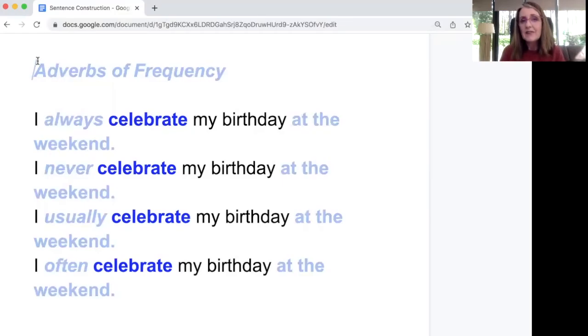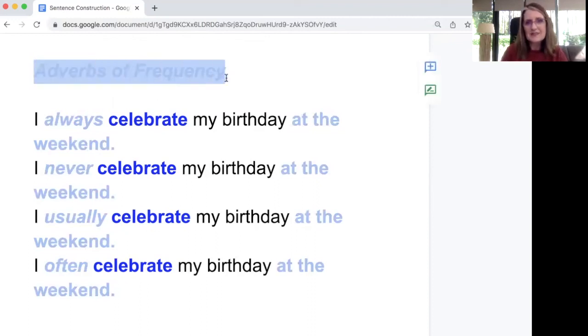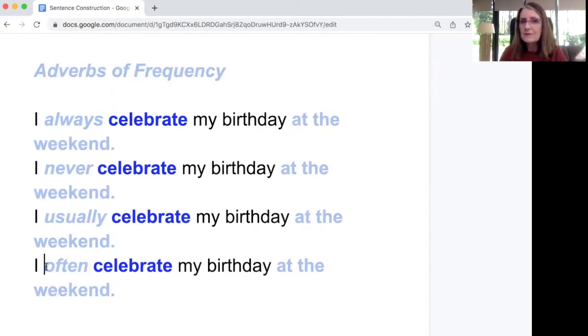Now we've looked at the subject, verb, direct object, and the where, how, when blocks. The final thing that we need to consider is adverbs of frequency. Now, an adverb of frequency is the name that we give to words like always or never or usually or often.